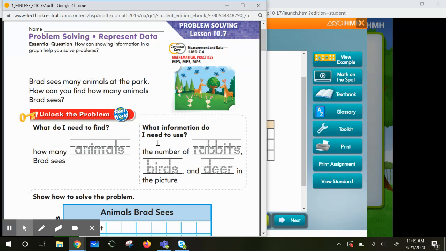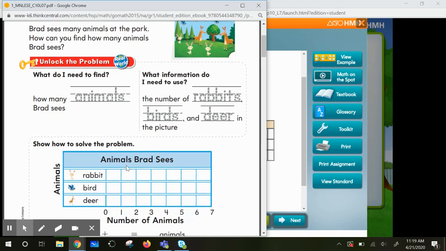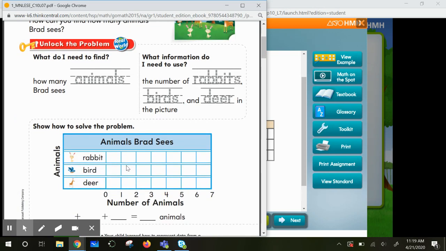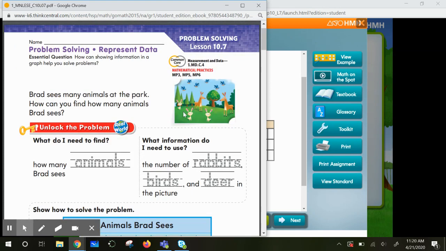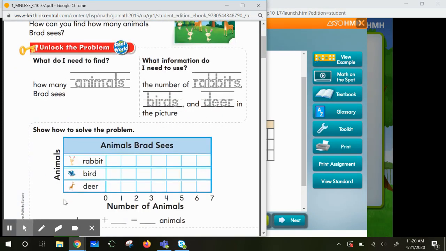What information do I need to use? Well, there is not any information in the story, so I need to look at the picture to get my information. I need to know the number of birds, rabbits, and deer. Show how to solve the problem. What you're going to do is count your rabbits and put them in this bar graph.